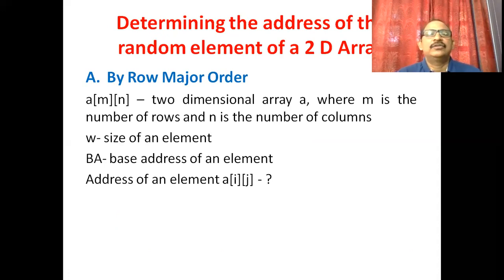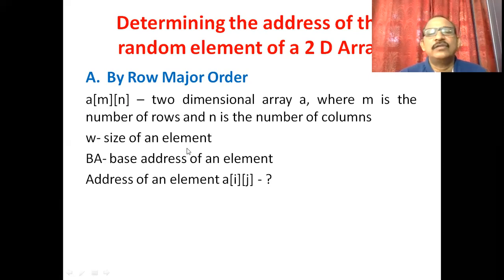Next topic is determining the address of a random element of a two-dimensional array. Address of any element in a two-dimensional array. Let us take A[M][N] as a two-dimensional array. Here M indicates the number of rows and N indicates the number of columns.